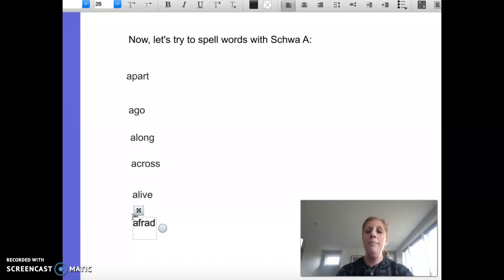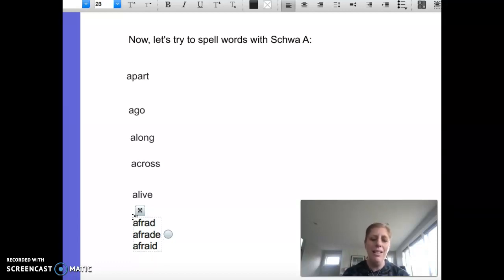It could be a consonant E. It could be A-I, for aid. Or it could be a Y. But we know it's not a Y because that comes at the end of the word, like play and sway, right? So it's not this one.